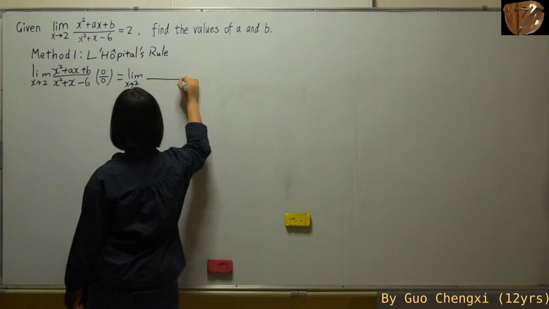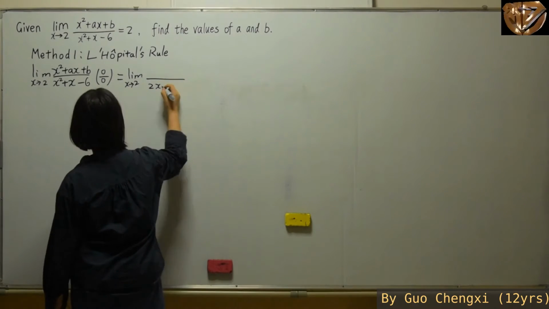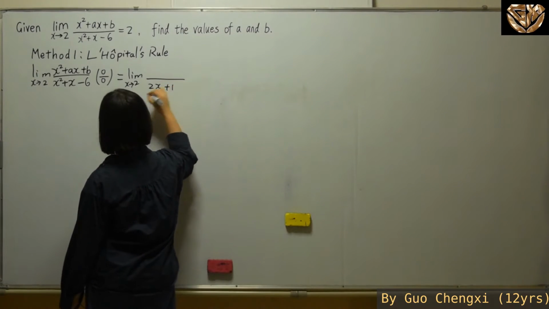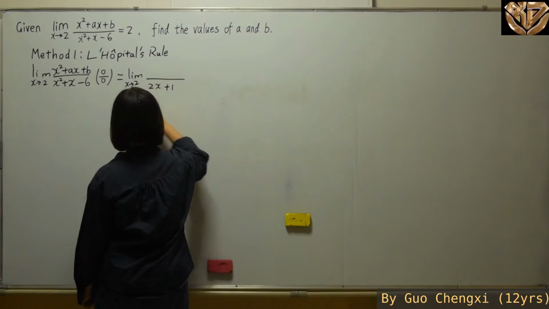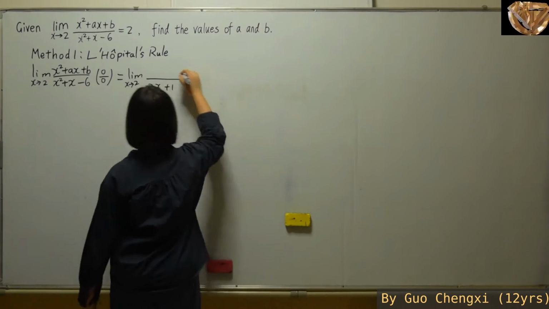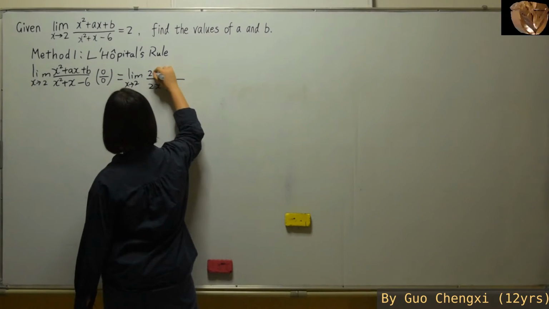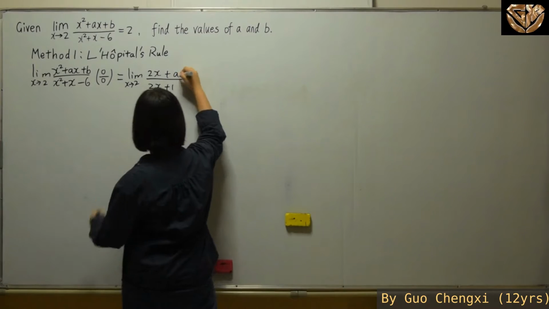So on our denominator, we will have 2x plus 1, and then you have a 0 at the back because once you differentiate it, it becomes 0, while on the numerator you have 2x plus a instead.